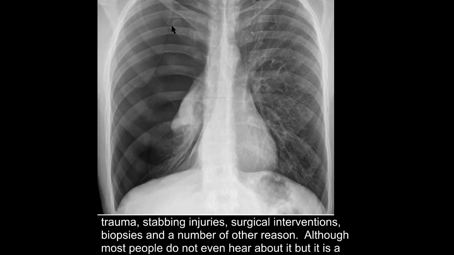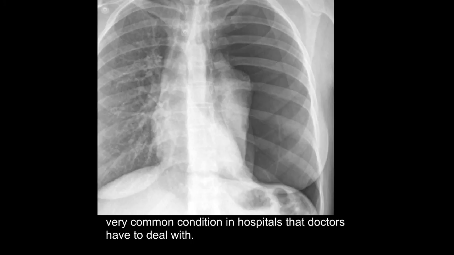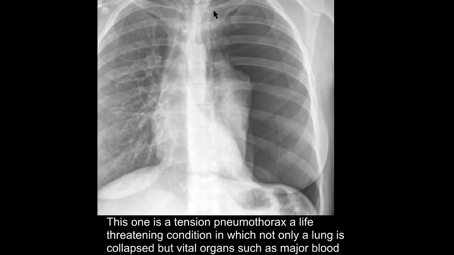Although most people don't even hear about it, it is a very common condition in hospitals that doctors have to deal with. Let me show you another example. This is left-sided pneumothorax. So this is collapsed lung, and in this example you can see the trachea is shifted towards the right side, and this whole thing is pneumothorax.